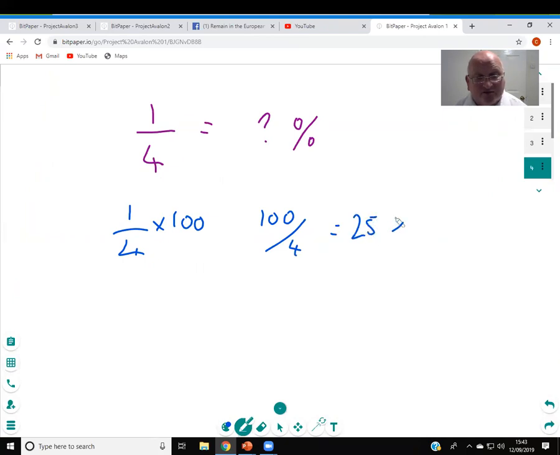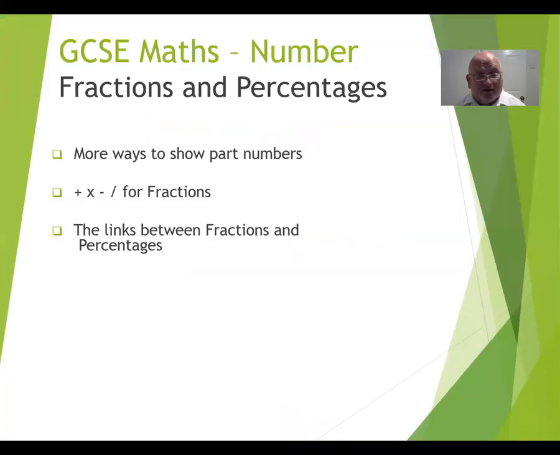Now again, I've just demonstrated that. I haven't tutored it, so don't expect to learn it necessarily from what I've just shown you. A quarter is the same as 25%. I was just using that as an example to show you that there is a link between fractions and percentages, and you will learn on the GCSE Maths course how to convert between them.